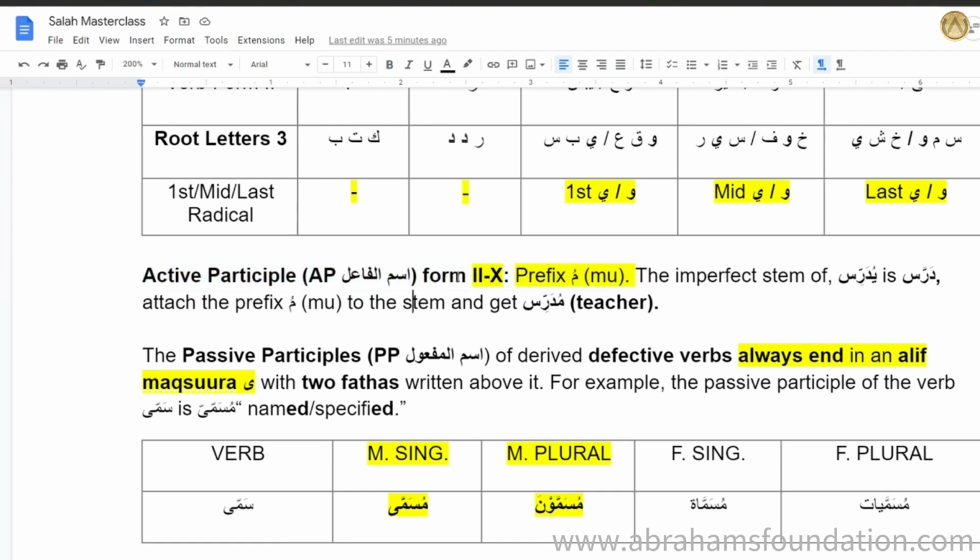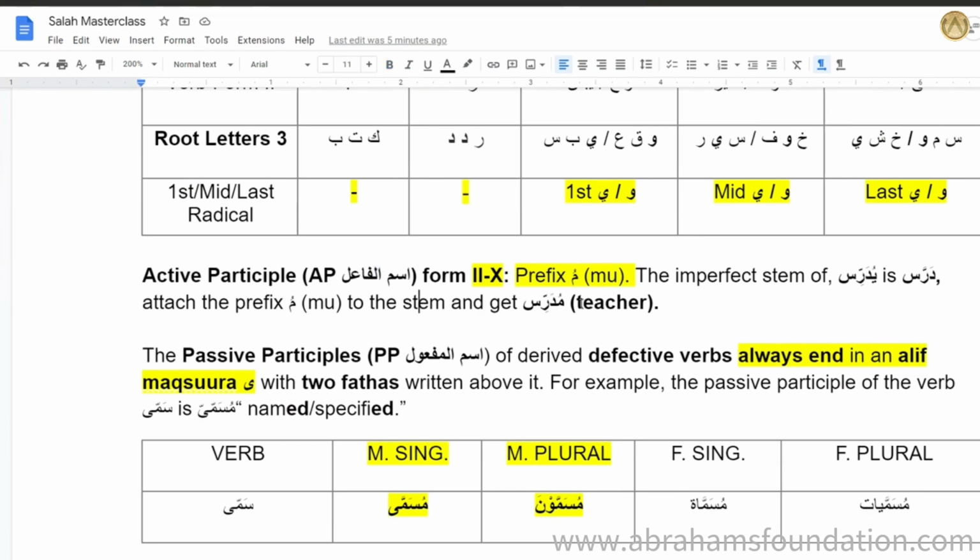The mu only starts with form 2 and up. So anything of form 2 is always with a mu. If it's form 1, there is no mu, it's just an alif in front of the first letter, fa'il. You can have alif lam and all that in front. It becomes a noun. That's it.